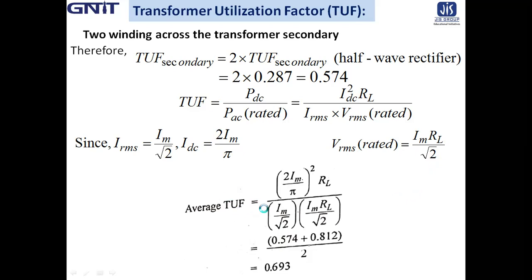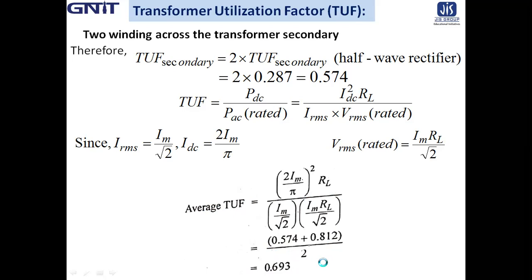Therefore, TUF primary equals (2 Im by pi) whole square into RL by (Im by root 2) into (Im RL by root 2), and this TUF is 0.812. So the average TUF is 0.574 plus 0.812 by 2, which equals 0.693.